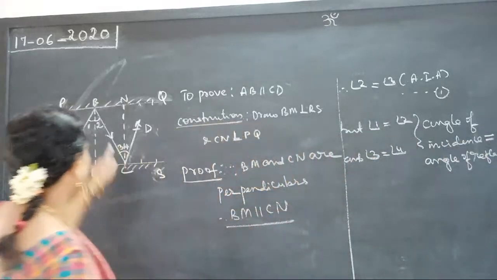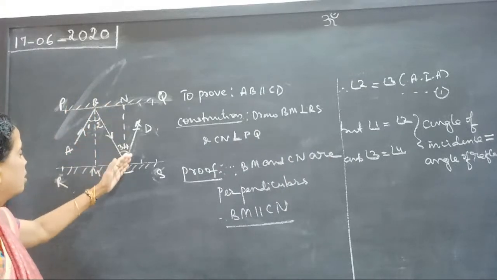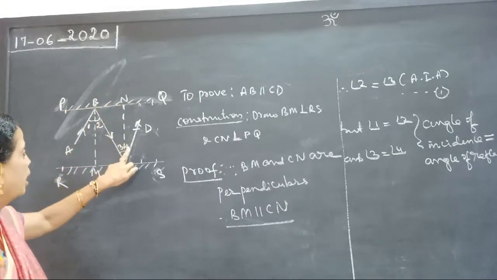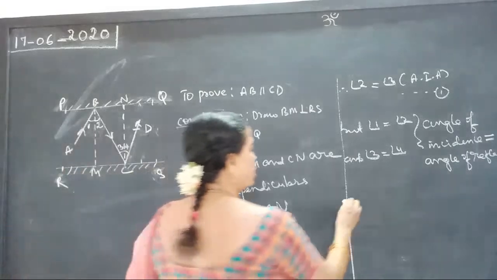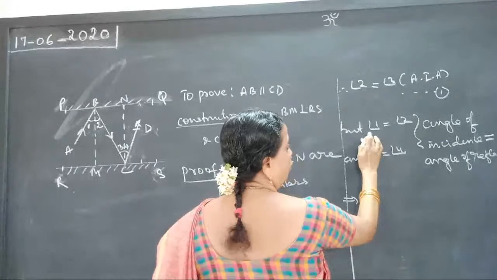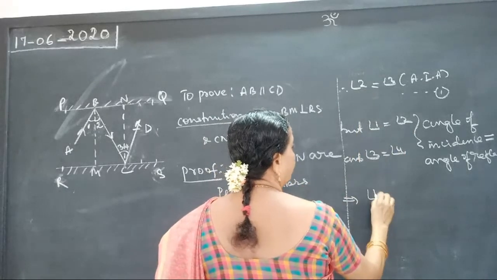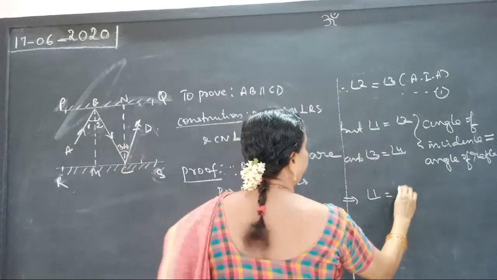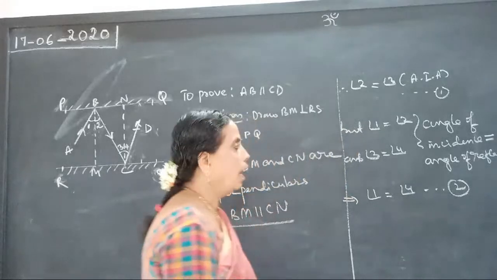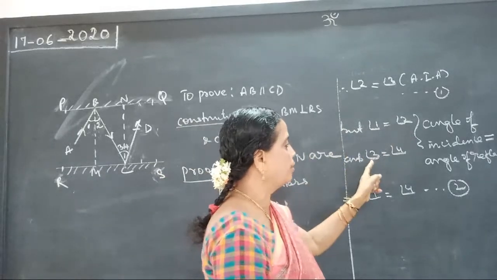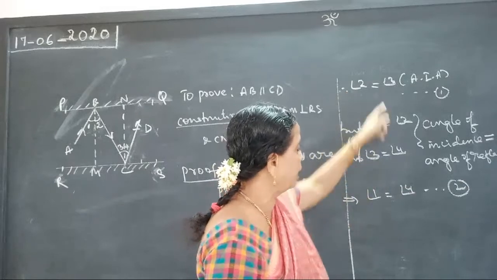Angle 2 equals angle 3 since BM is parallel to CN. Angle 1 equals angle 2. So we can take angle 2 as equal to angle 1, therefore angle 1 equals angle 4. This is result 2. Angle 1 equals angle 2, angle 3 equals angle 4, so I can replace 2 as 1 and 3 as 4.